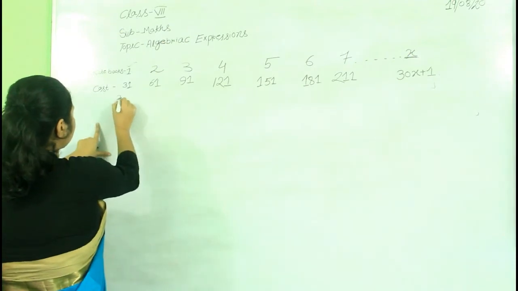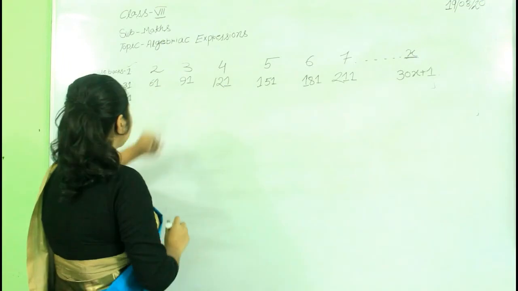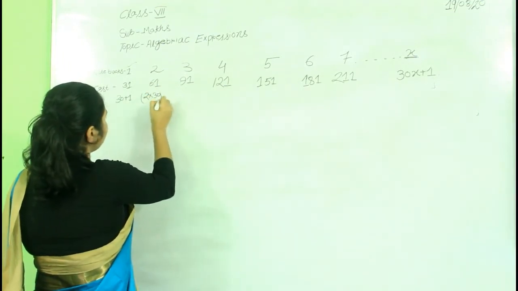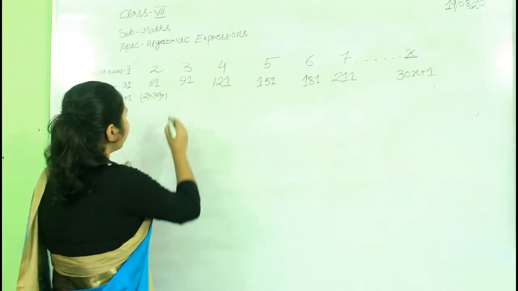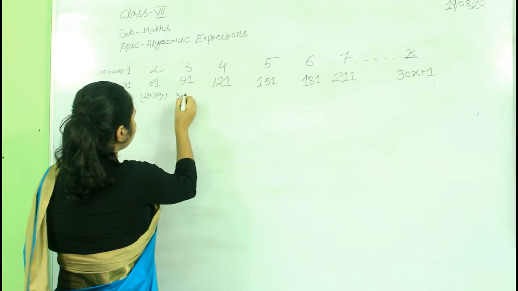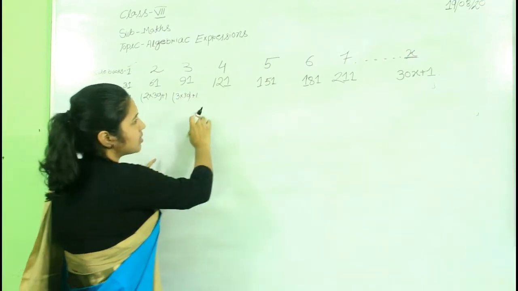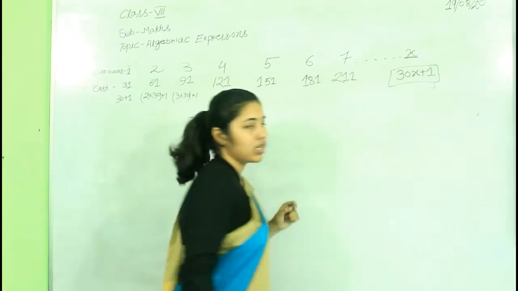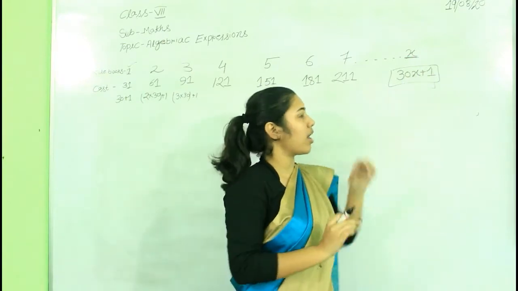Look at here. You can write 31 as 30 plus 1. 61 as 2 into 30 plus 1. Right? Again 91 as 3 into 30 plus 1. Similarly, cost of X notebooks is 30 into X plus 1.